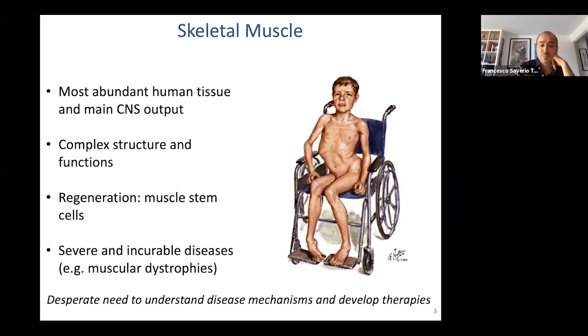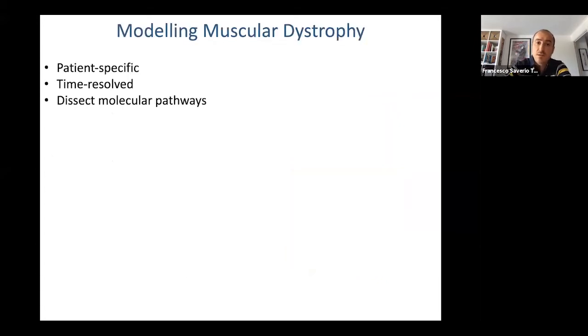So there is really a desperate need to understand disease mechanisms and, as a consequence, also develop therapies for these terrible conditions. To this aim, we've been focusing on trying to develop high-fidelity platforms to model muscular dystrophy in a dish, so that we can understand a bit better what's going on in these diseases and try to develop therapies to cure them.